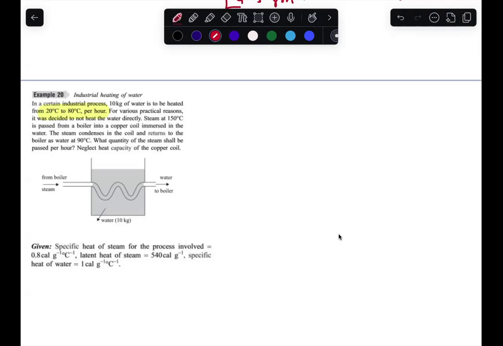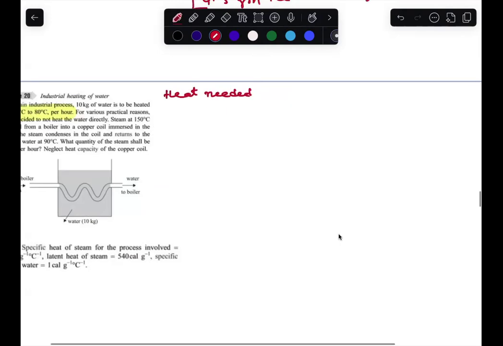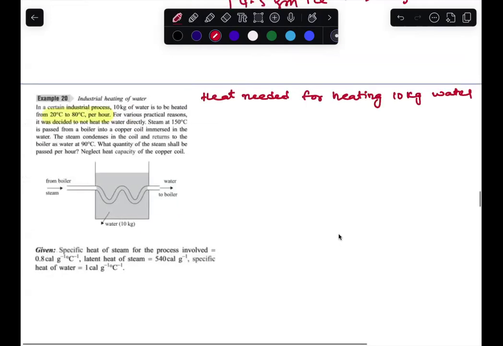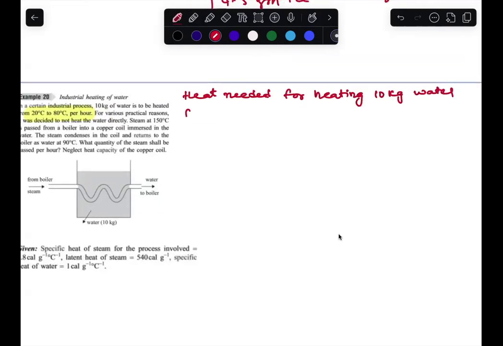heat needed for heating 10 kg water from 20 degrees centigrade to 80 degrees centigrade.